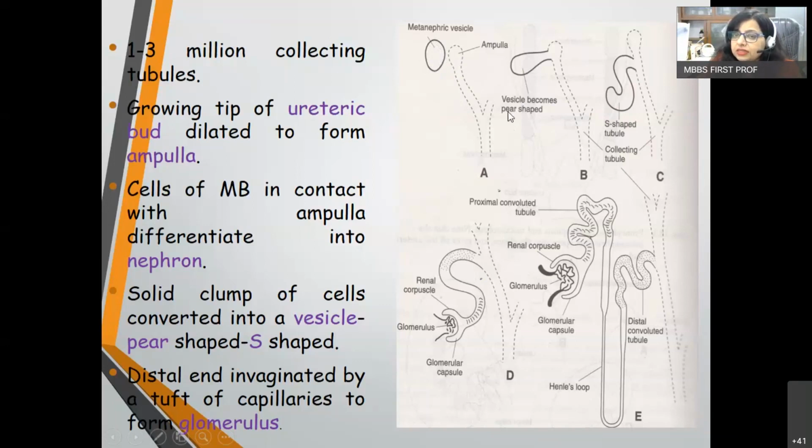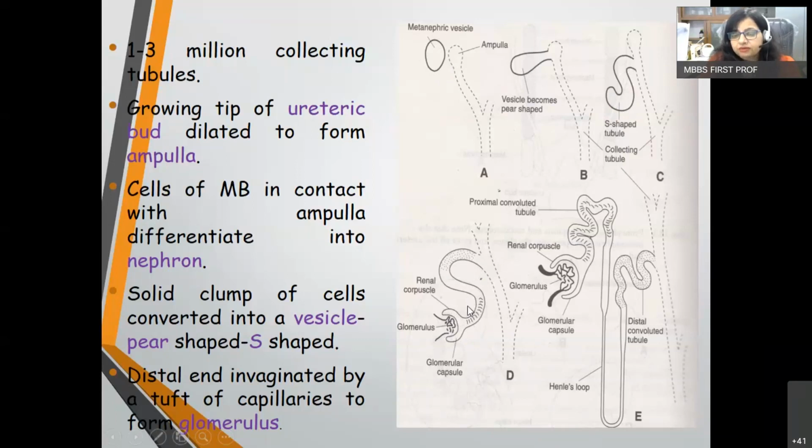Okay? And then it undergoes further changes to form an S-shaped tubule, where this S-shaped tubule is present over here, and it further undergoes some changes to form the renal corpuscle along with the glomerulus having the afferents and the efferents.